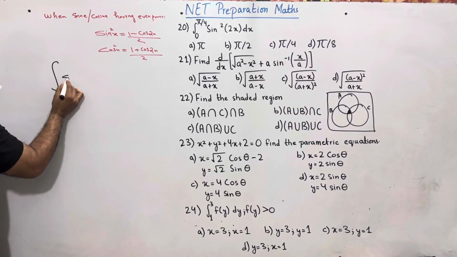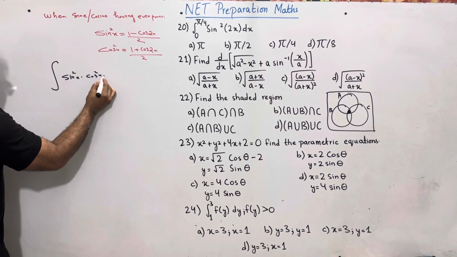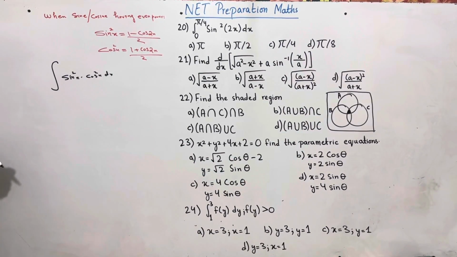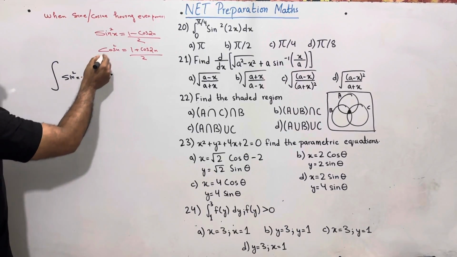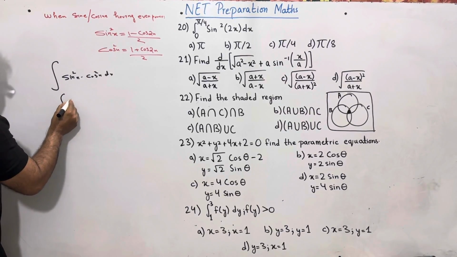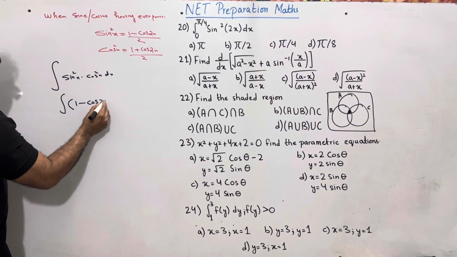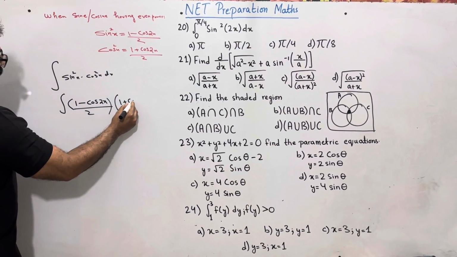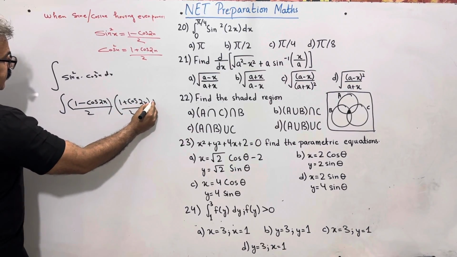Even if a mixture of these two is present, sine square x times cos square x, both having even powers, we utilize the same identities. Sine square x is 1 minus cos 2x over 2 times cos square x, which is 1 plus cos 2x over 2, dx.